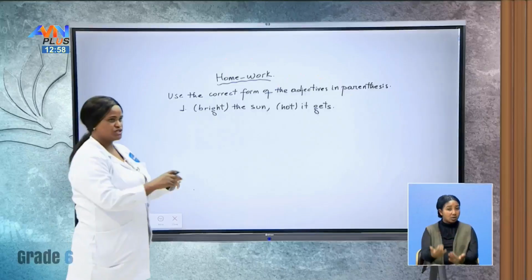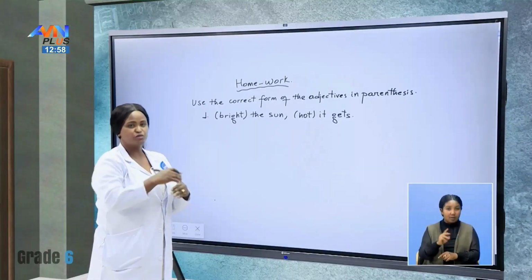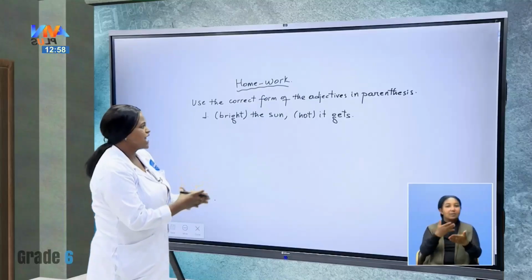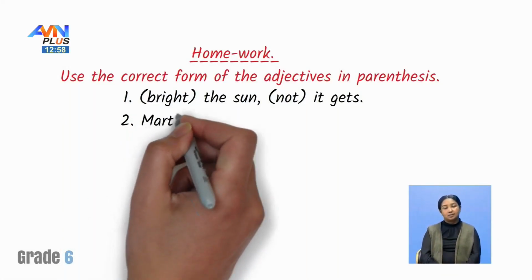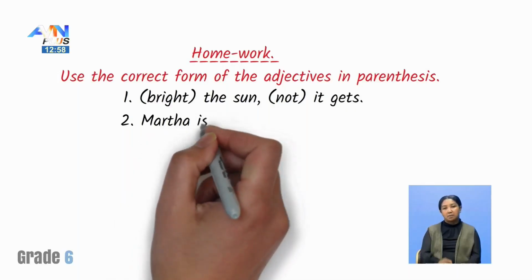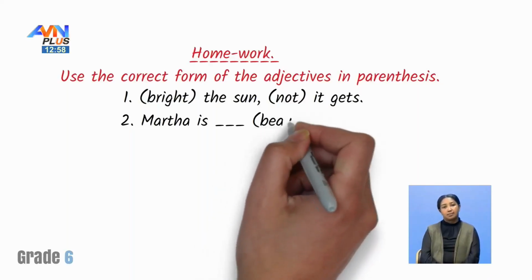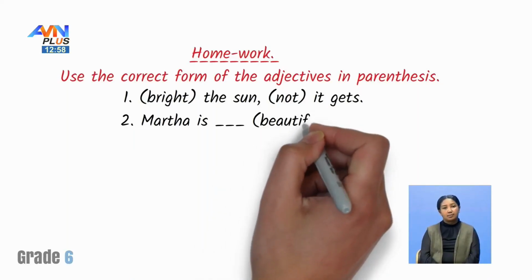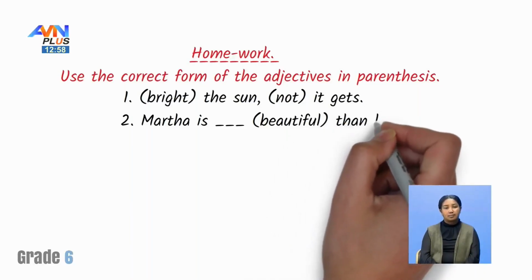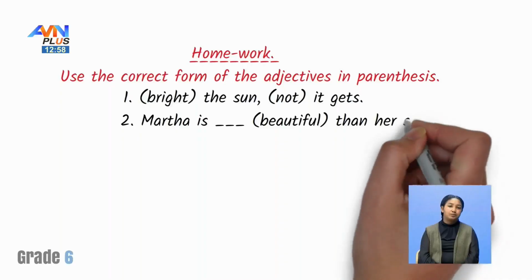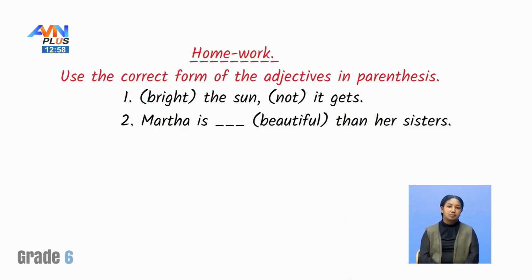Now we are going to see what? One thing is dependent on the other, okay? We will see the progress of something within an adjective. Okay, next. Let's say Martha is beautiful than her sisters.